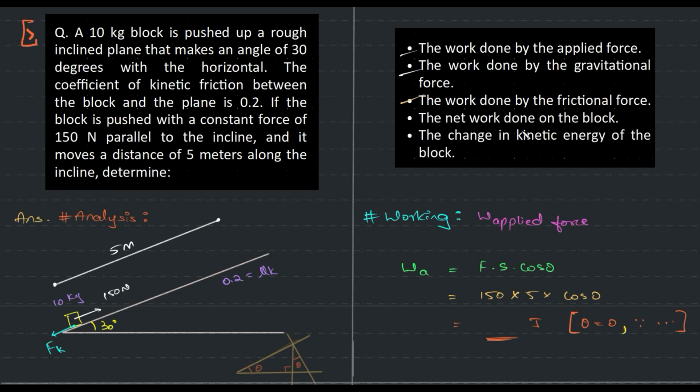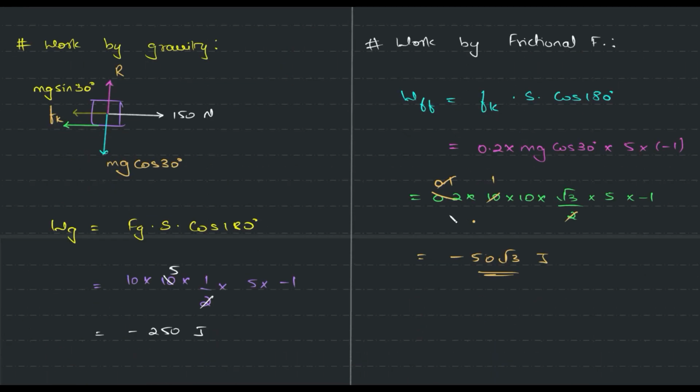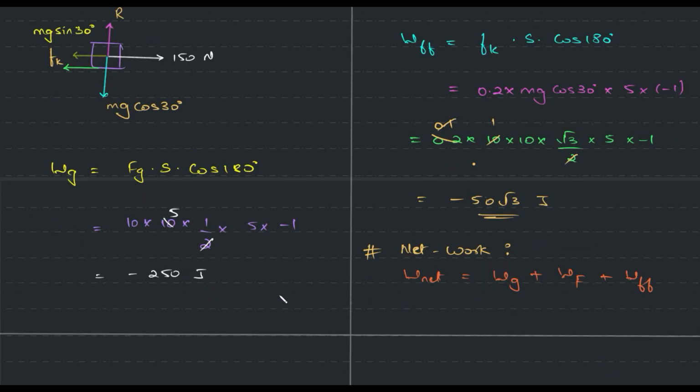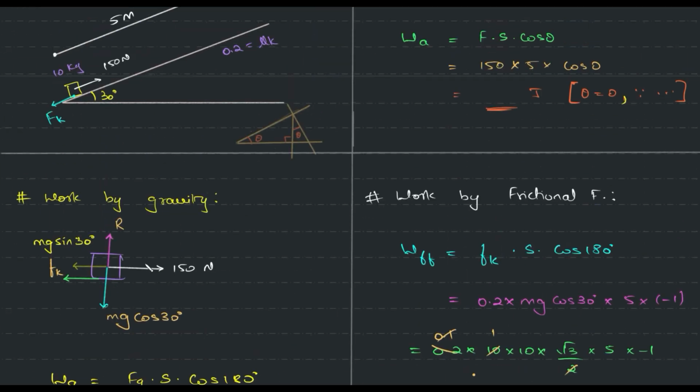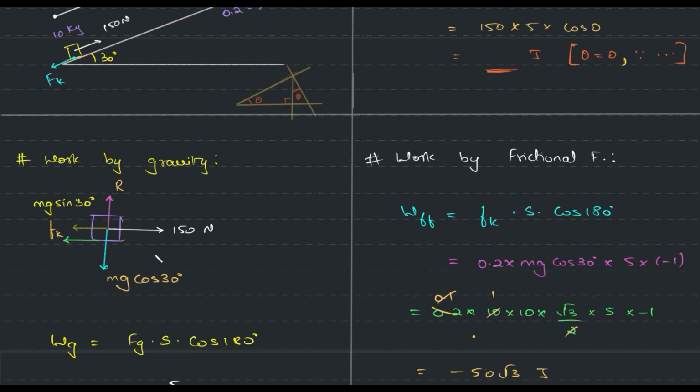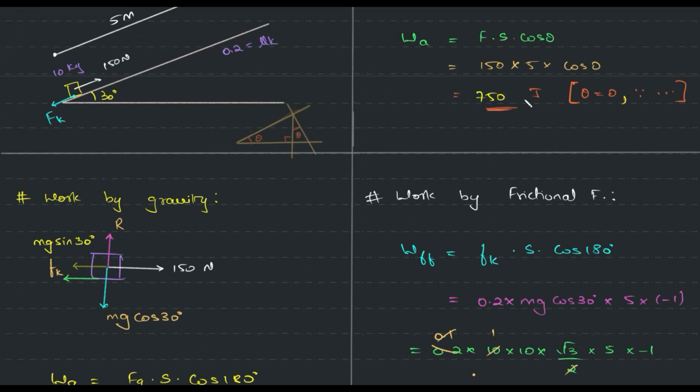This is done. The net work done on the block is quite simple. So all the things that are acting on the block. Net work. So the net work done on the block is work done by gravity, work done by the force, and work done by the frictional force. Since we need this answer, we need to solve it. Okay, this would be 150 into 5 cos 0 itself, yes.